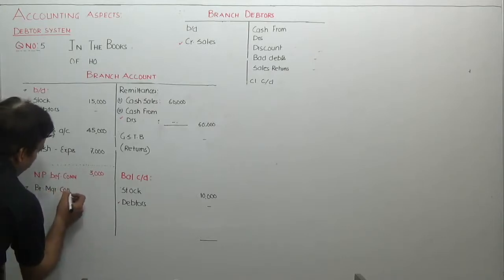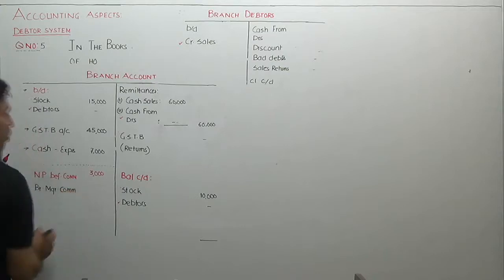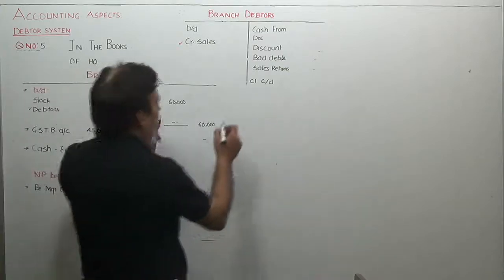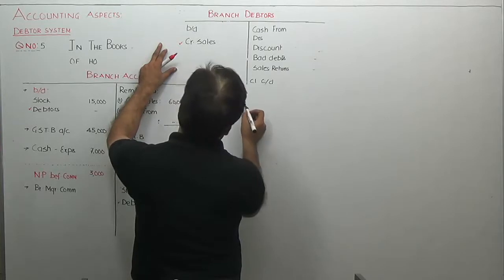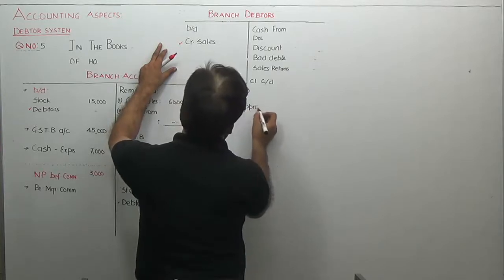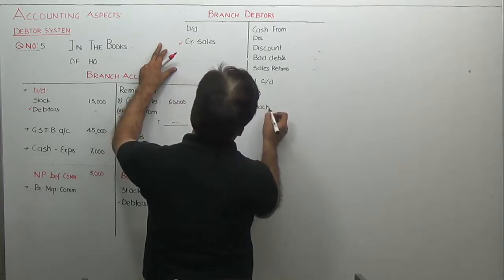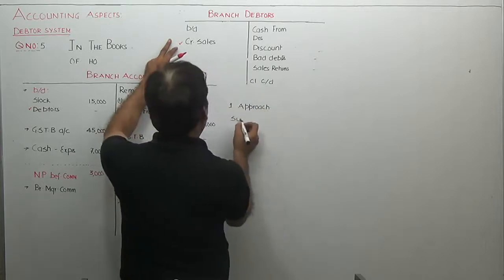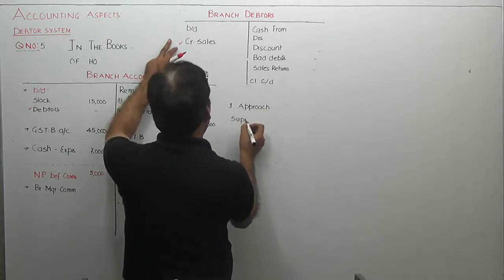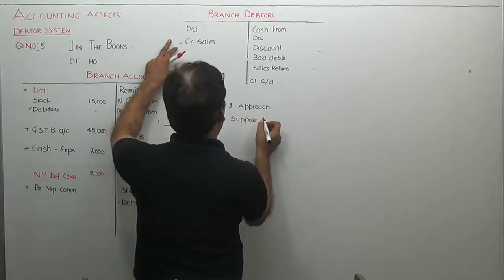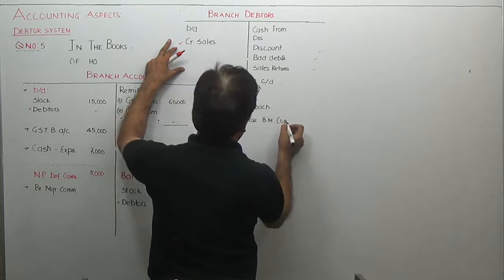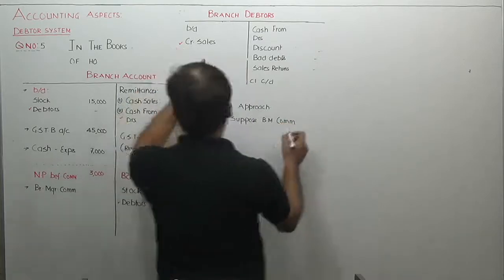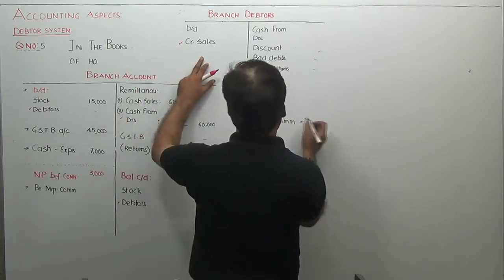You can compute the branch manager's commission using two approaches. Approach 1: suppose the branch manager's commission is equal to X.